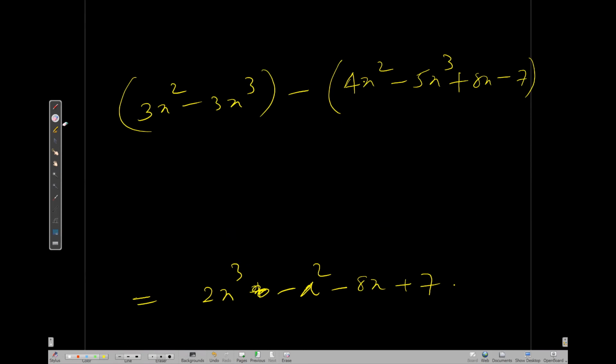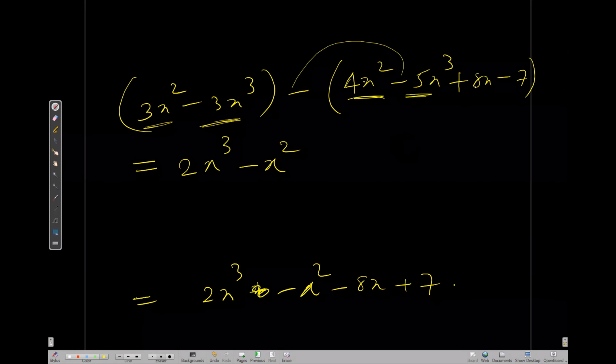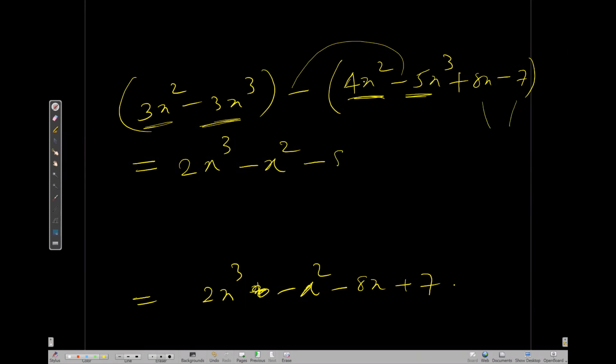So this is how I normally do it. 3x squared and here 4x squared, so I get negative x squared. And here negative 3x cubed, and here negative and negative is positive 5x cubed, so I have 2 of them, x cubed. The only remaining two things are these two, and you have negative 8x plus 7. See, the same answer.